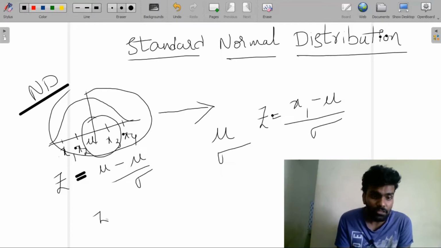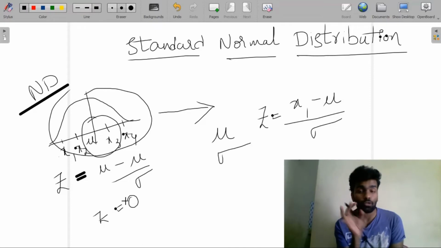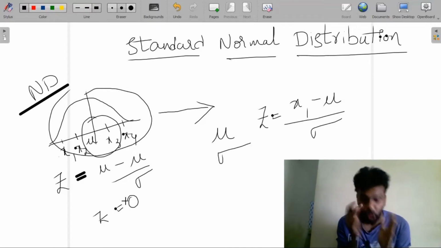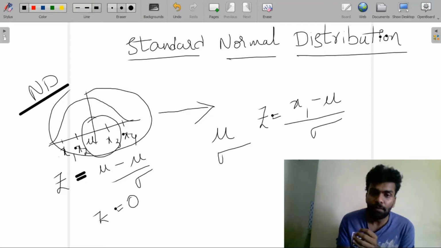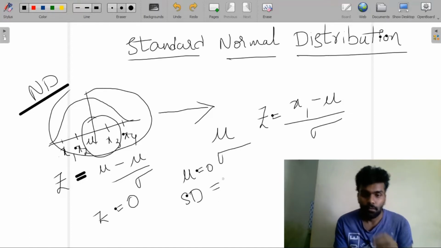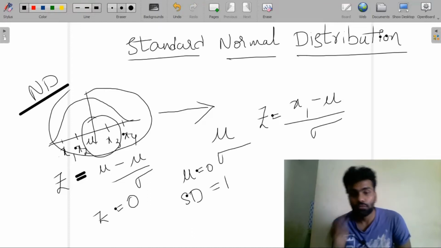So z will be 0. The z score will be 0. That we should remember in the standard normal distribution: when you standardize the normal distribution, the mean will be 0 and the standard deviation will be 1. So that we should remember when it comes to the standard normal distribution.